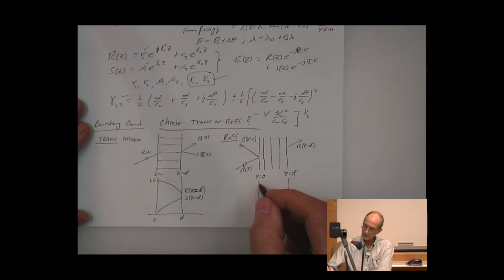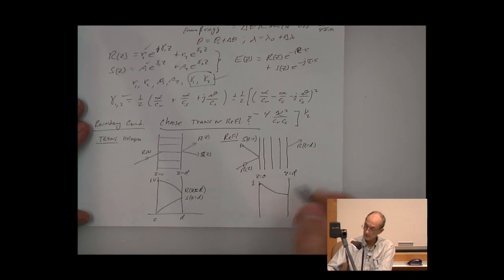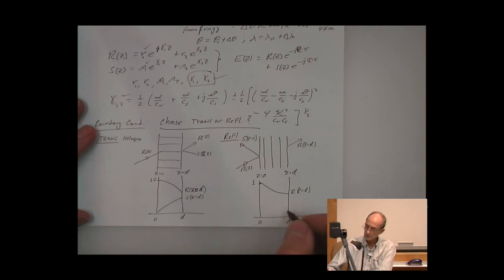The r, again, in this case, we know what the r value is coming in initially. It has some, say, normalized unit amplitude, which we can scale accordingly if necessary. And then it has some value of r at z equals d at the output face, whereas the signal or the diffracted field is 0 at the back end, z equals d, and has some magnitude s of z equals 0 at the front end.